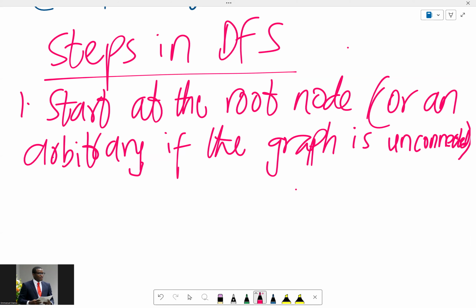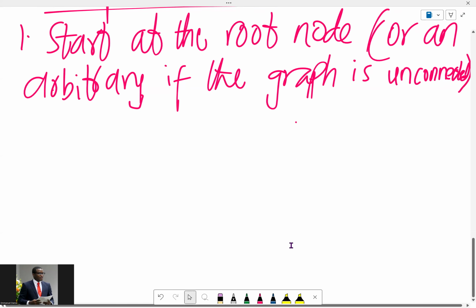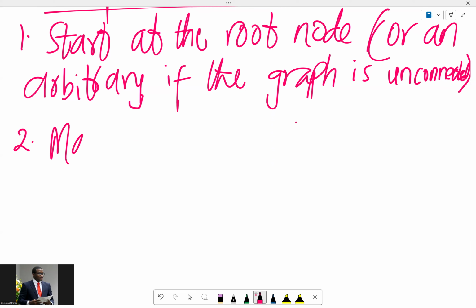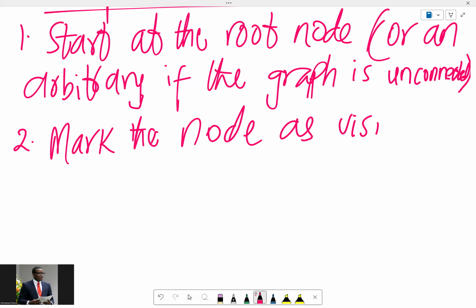The next thing you want to do is to mark that node as visited. That's the first node you started with. So step two, you mark the node as visited.